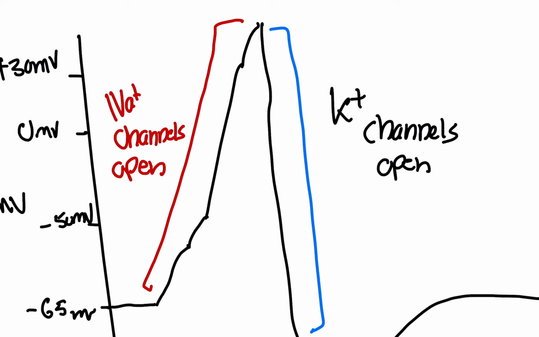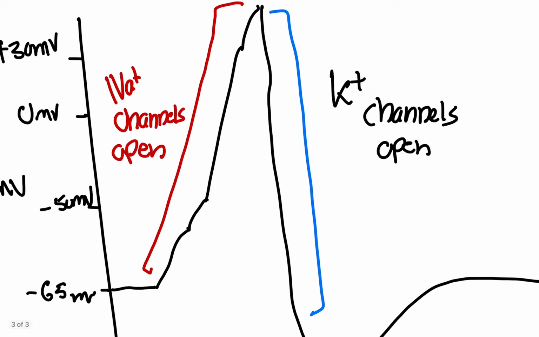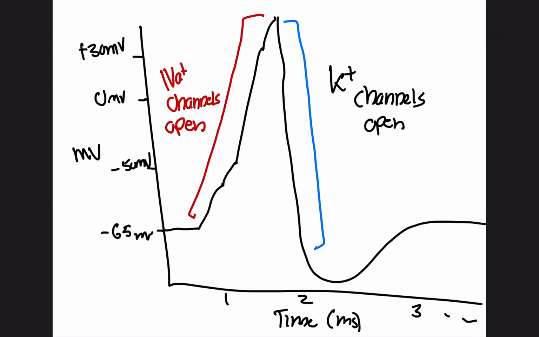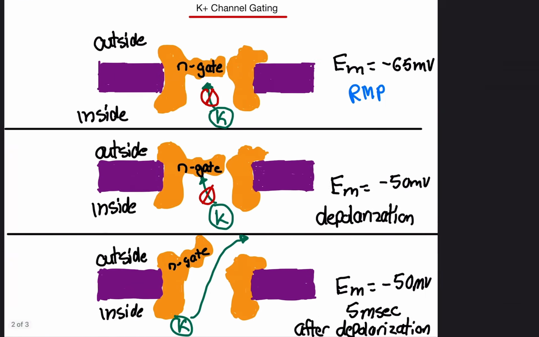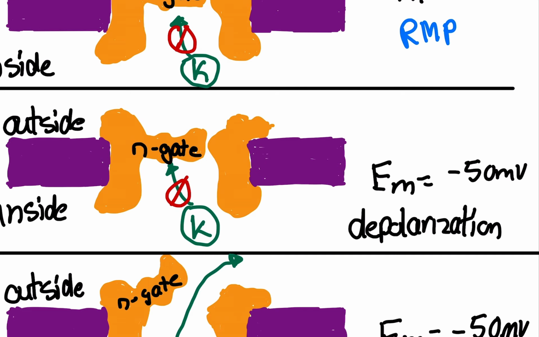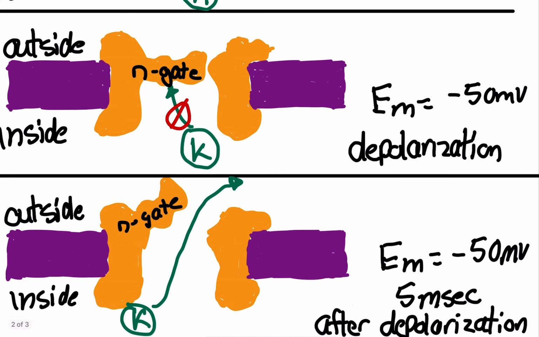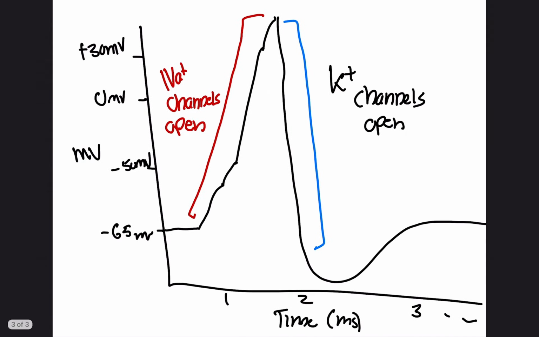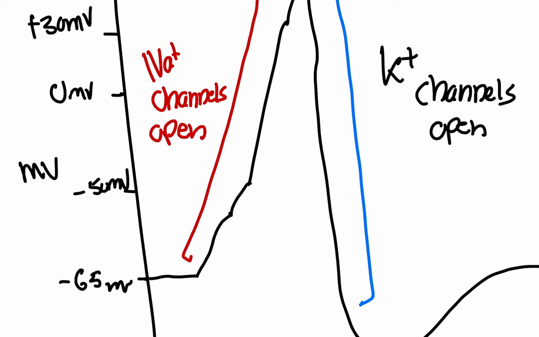So the potassium channel is open at positive 30, but it takes time to close. It's all the way open, past 2 milliseconds, all the way to 5 milliseconds. So we said at negative 50 millivolts, at depolarization, it's closed, but at negative 50 after depolarization, it's open. Let's go trace the line.